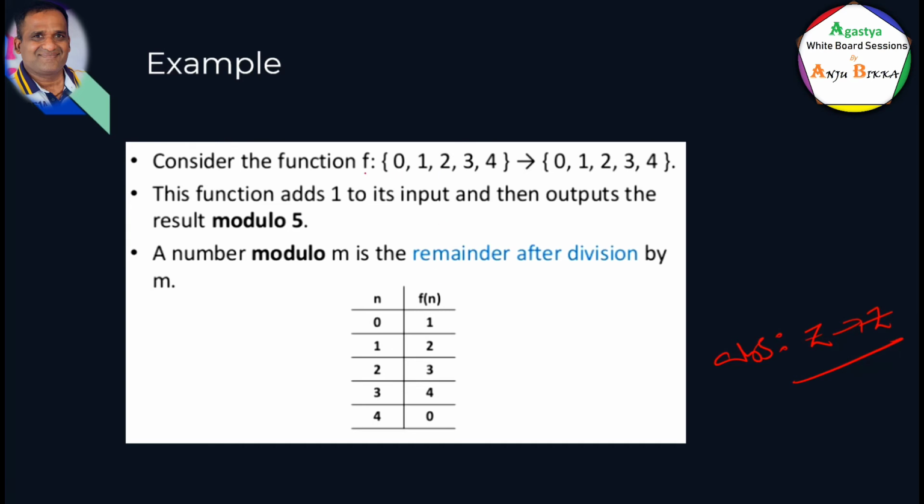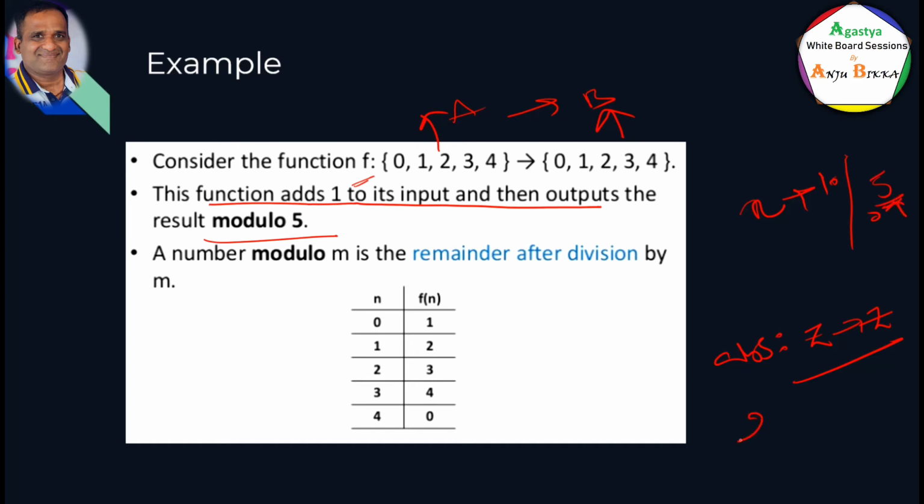Now this is another function f. This is the domain, nothing but A, and this is the codomain, nothing but B. We are going to define this function. This function adds 1 to the input and then outputs the result mod 5. So whatever input x we give, it adds 1 and takes the remainder on division by 5.